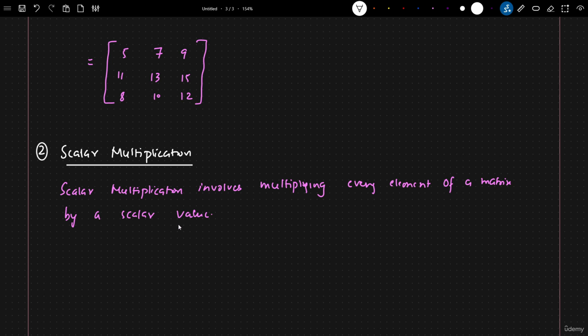Okay, so if I consider B as my final matrix and C is my scalar, and I want to multiply it with the A matrix, I can basically use this. Okay, let's take a very simple example in order to understand scalar multiplication.